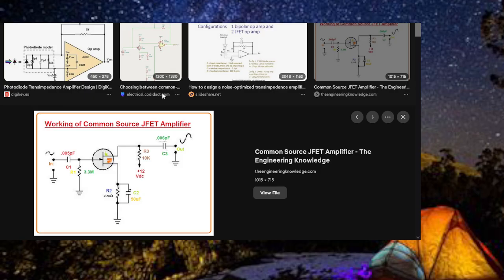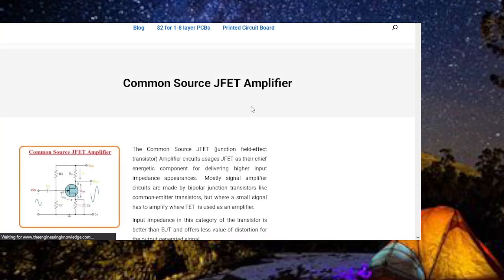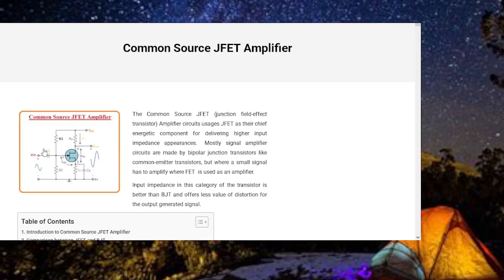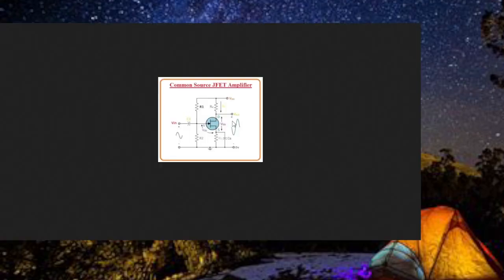Is that going to let me save that image? Shit. That is small.